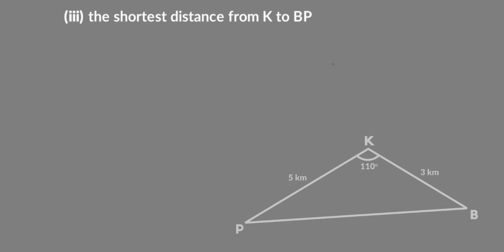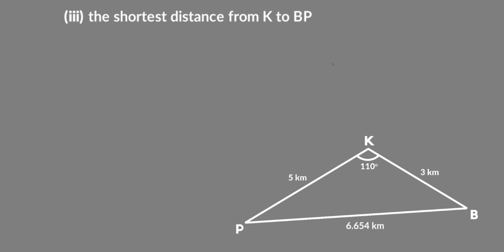The next question asks us to find the shortest distance from K to BP. If you look in the diagram, we have not been given distance BP. But if we look at our solutions that we just found earlier, we found the value of BP. So if you didn't find BP in this exam, you couldn't find the shortest distance because BP is our base.